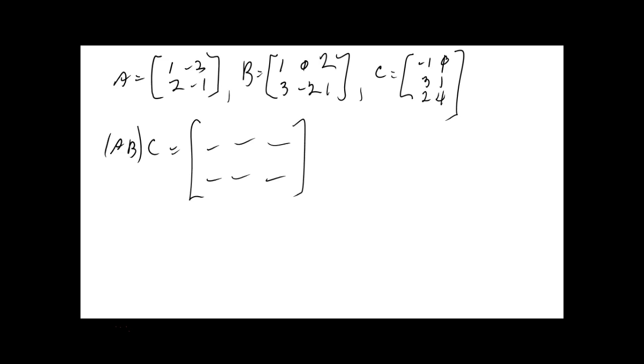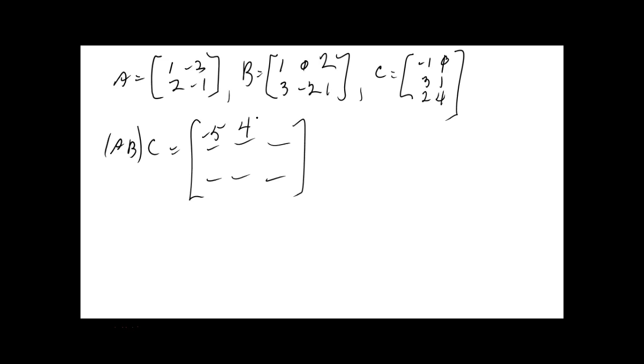So the first one would be 1 times -6, plus -6, which would be -5. Then we go over and get 1 times 0, which is 0, plus 4, which is 4.